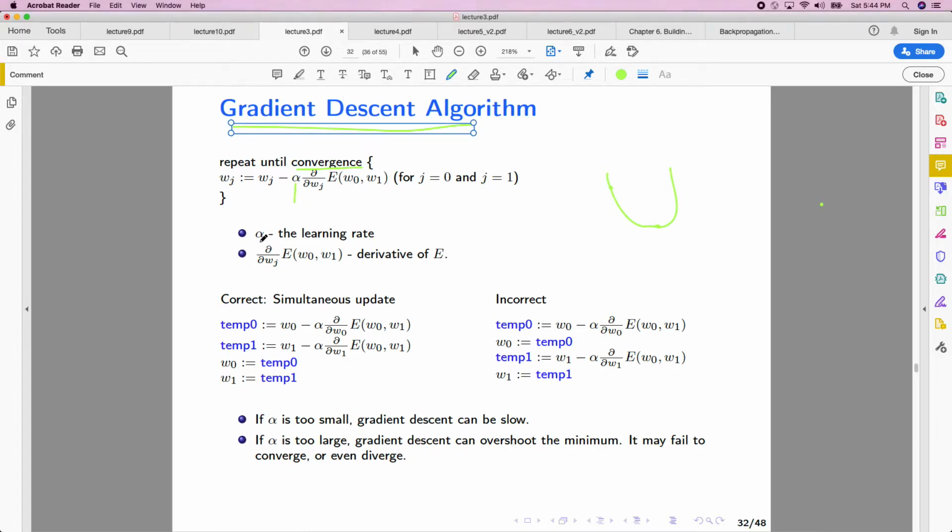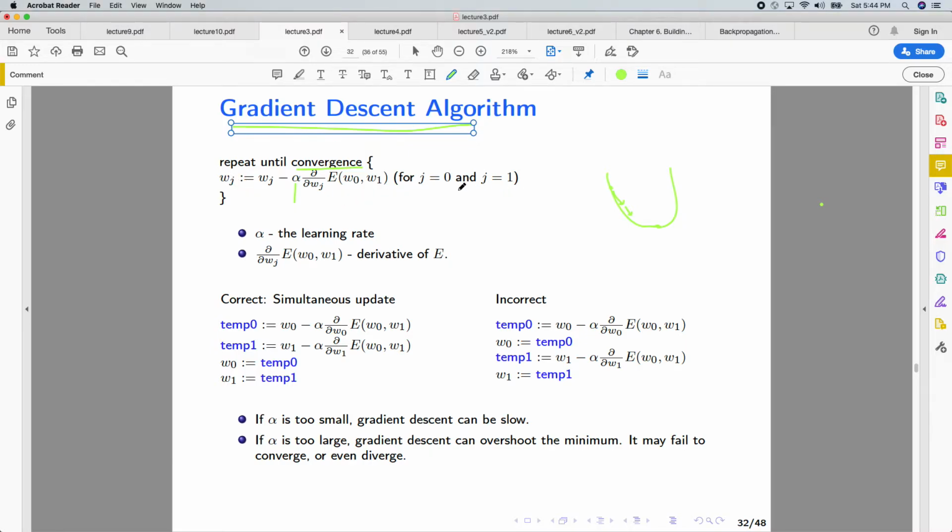Alpha, the learning rate, tells us how big our steps are towards the direction of the global minimum. So, how big the steps that we take towards the global minimum. And we subtract this value from the current weight, W0, and update it to the new value.